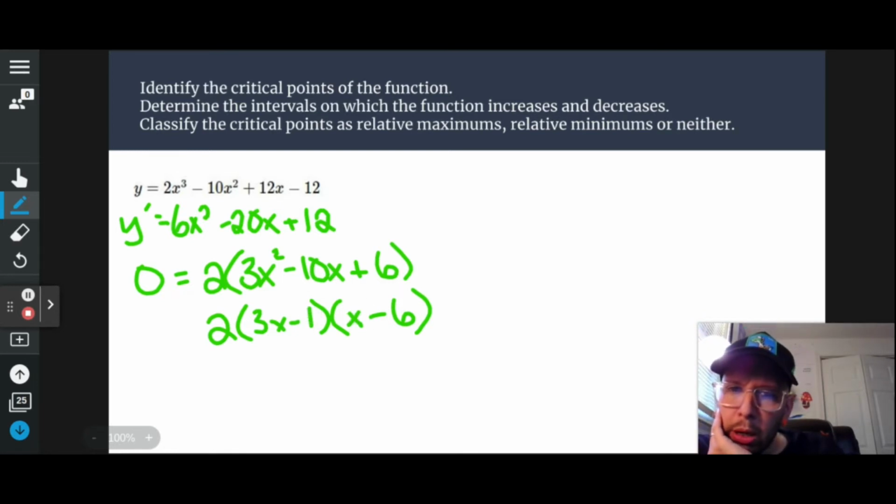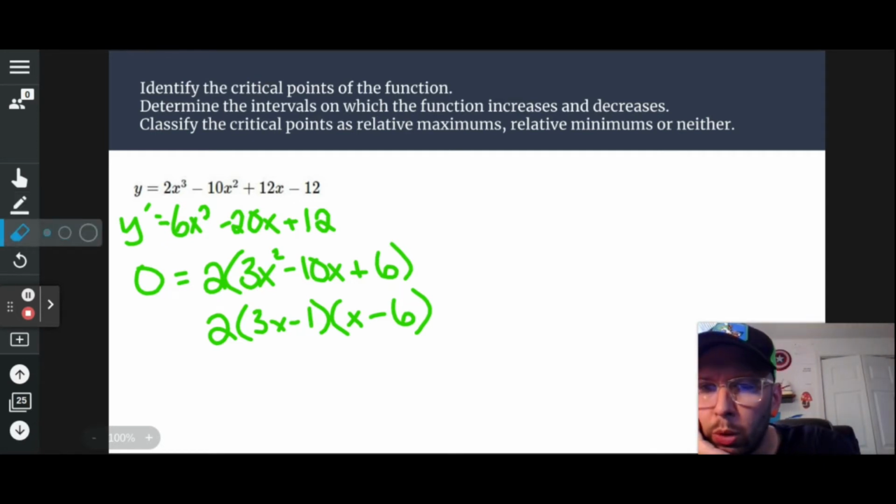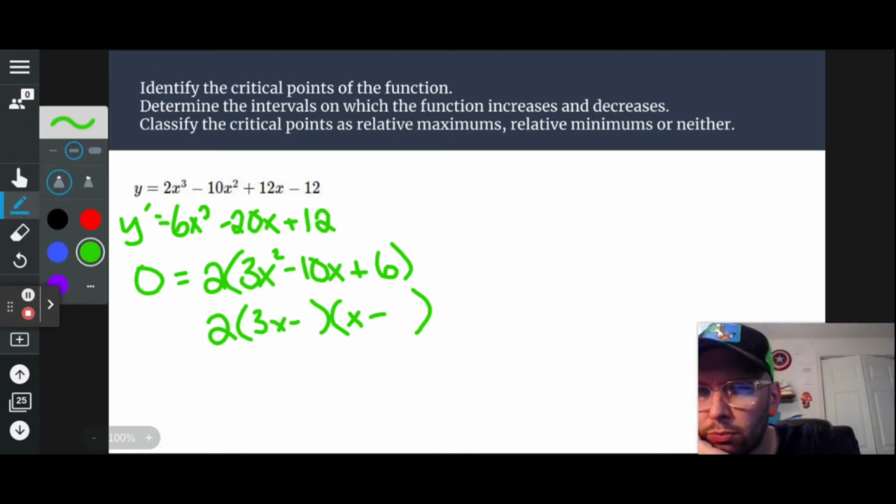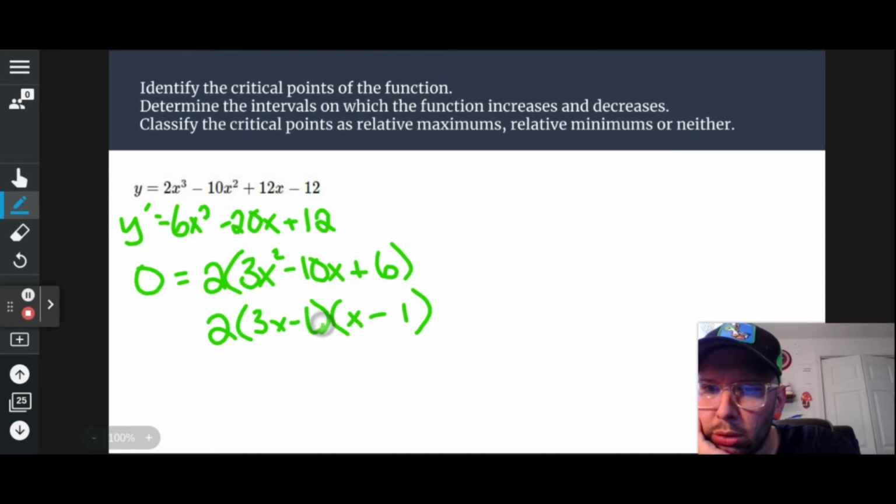Nope. Let's switch the 1 and the 6. That won't work either. Bummer. Do I have to do 2 and 3?